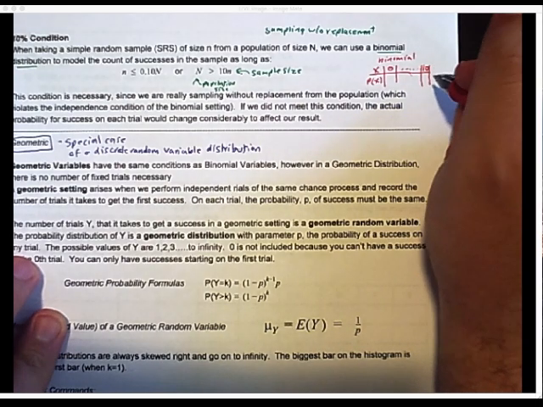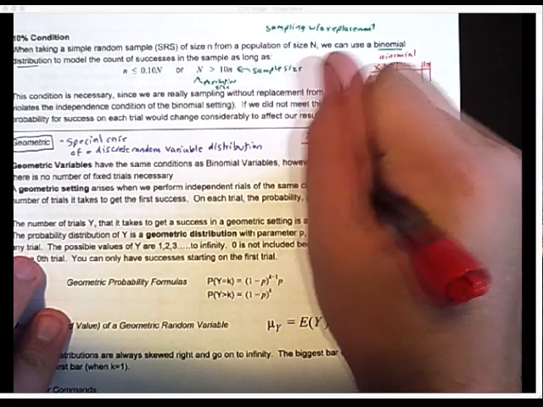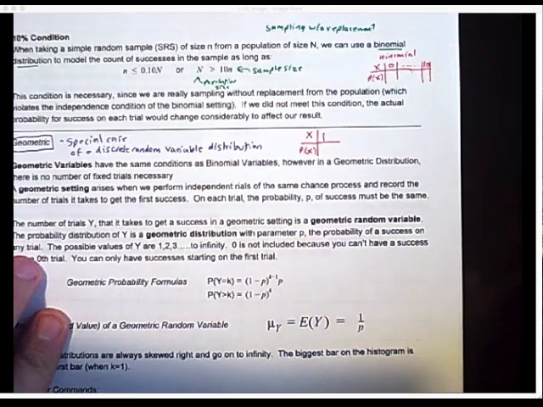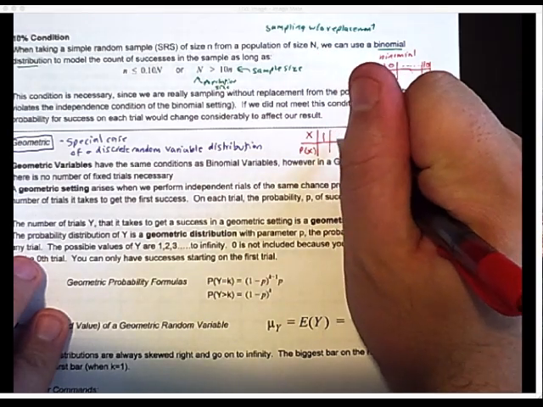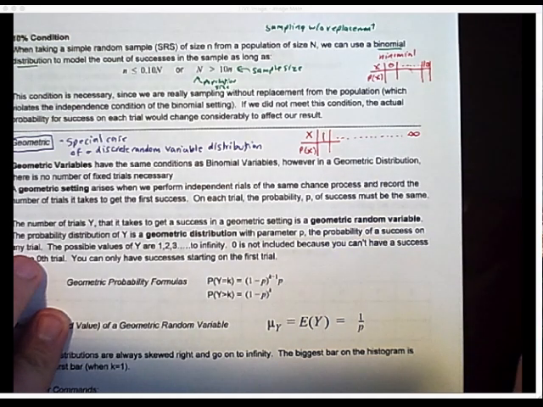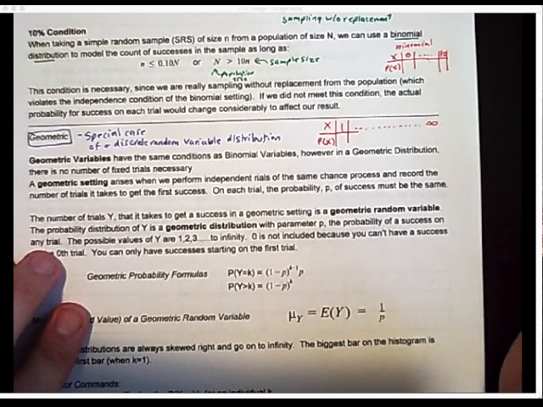The geometric works a little differently. You can't have 0 here. It actually starts at 1. But the catch is it goes on forever. It goes out to infinity.